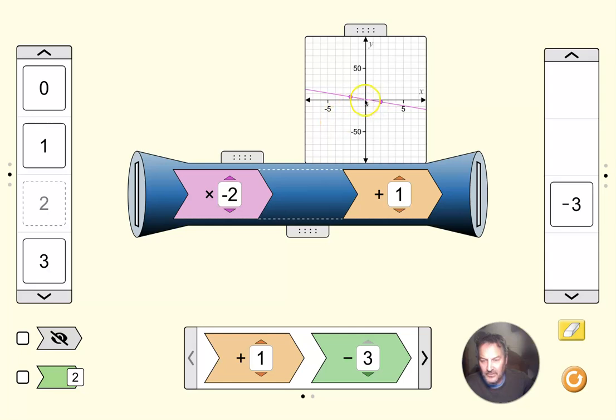Now you notice too that the line on the graph goes the opposite way. Before we were dealing with positive slopes. Now we've got a negative slope. That's because of that negative 2. So rise over run is going to equal negative 2. So you can visualize what that equation looks like, and then see it there too.